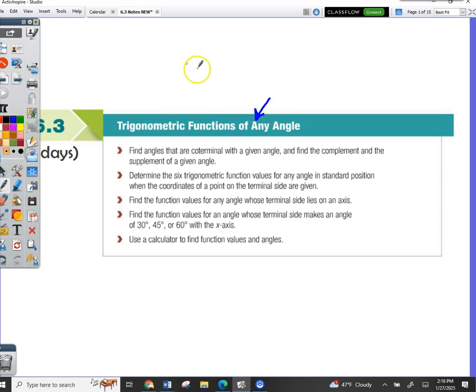So I want you to recall that the only thing we've covered so far was 30, 60, 90, or 45, 45, 90, right? That's all we've covered. Now we're going to learn how to find the trig function of, say, 25, 10, 70.